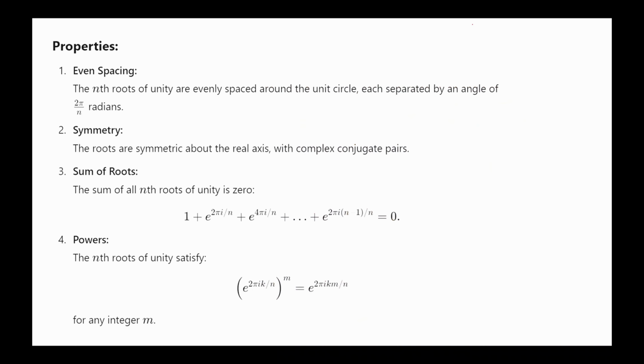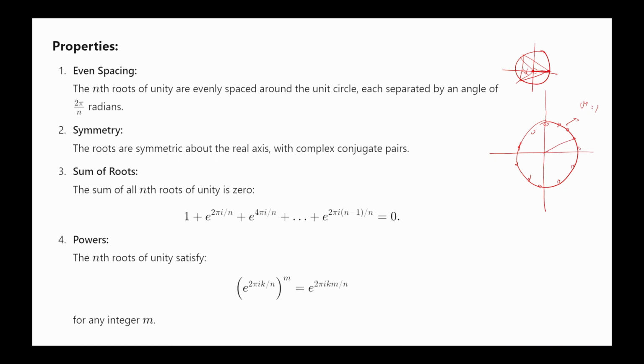Now, when we studied cube roots, when we had 3 roots there, I hope you all remember there used to be an equilateral triangle formed in this way, right? And each root used to be at an angle of 120 degrees from each other. Now here, since we have n roots and all these n roots are going to lie on the circumference of the circle, and this circle would of course have radius equal to 1, I would have roots here, here, here, and it would go on up till n number of times.